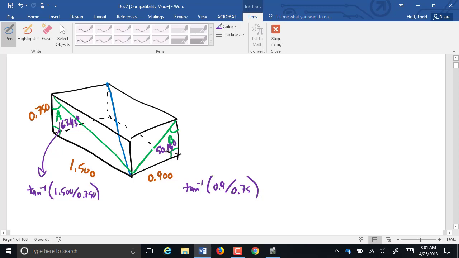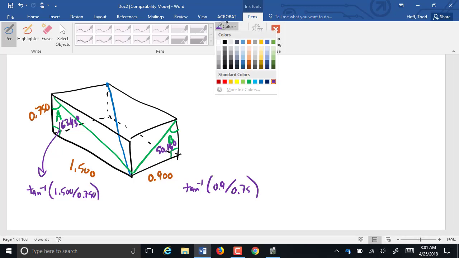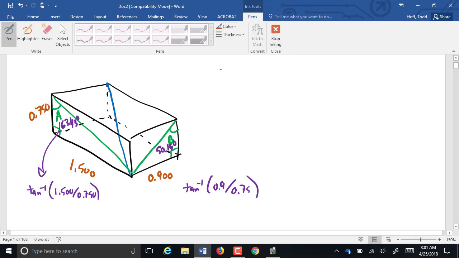And now you could go throw them into those formulas to find our rotation and tilt. R is going to be the inverse tangent of the tangent of 50.19 divided by the tangent of 63.43.